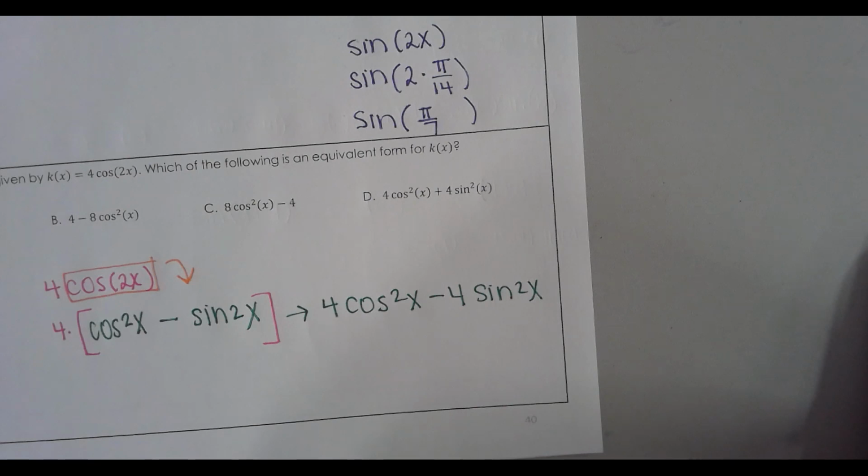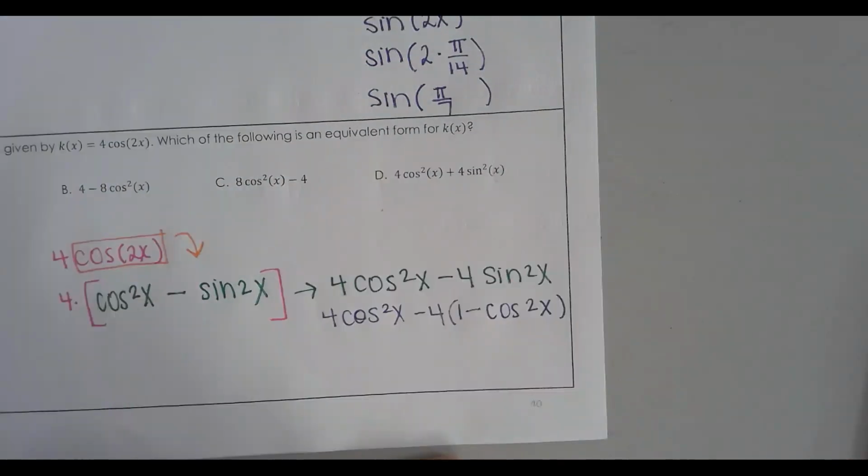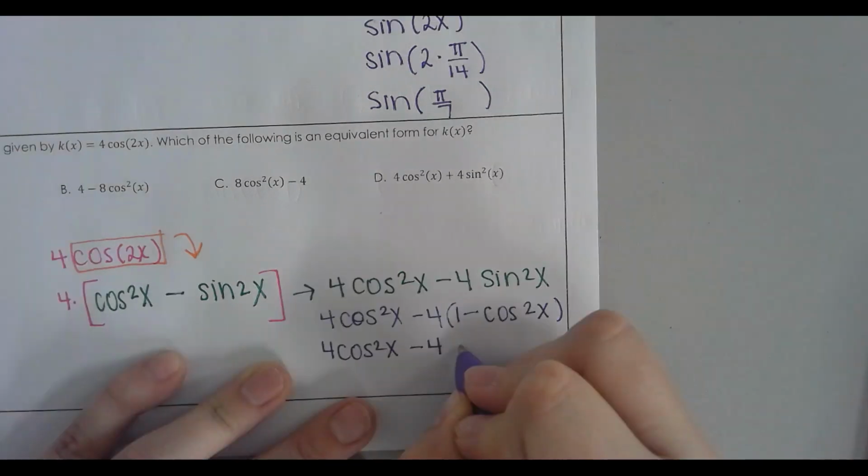Minus 4 times 1 minus cosine squared, plus 4 cosine squared.